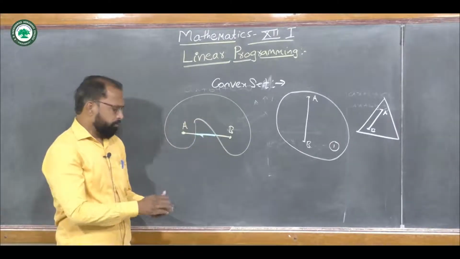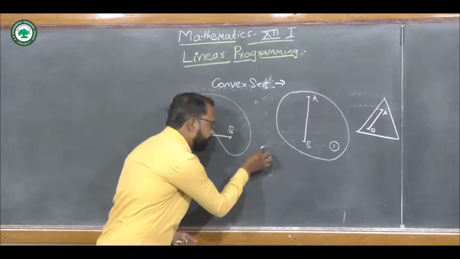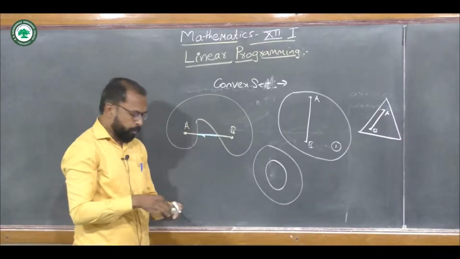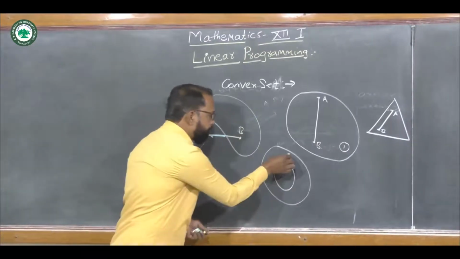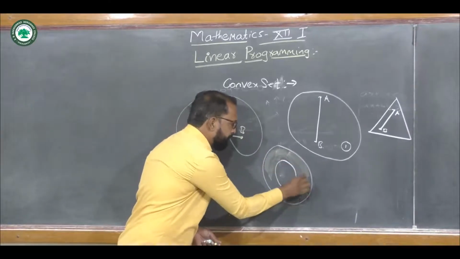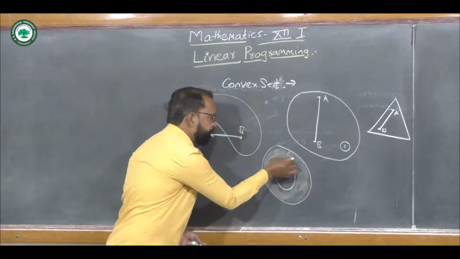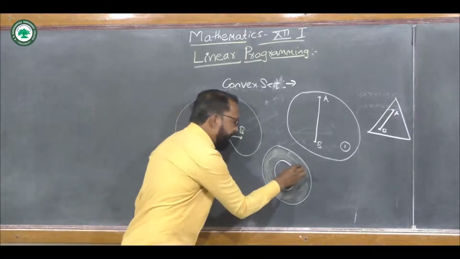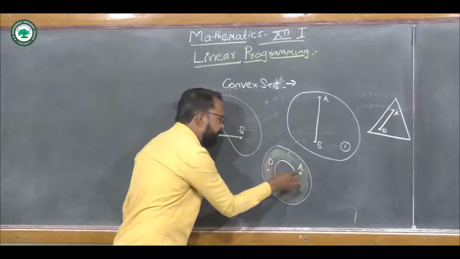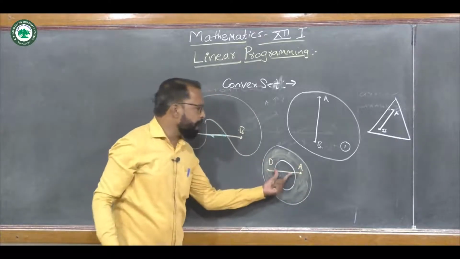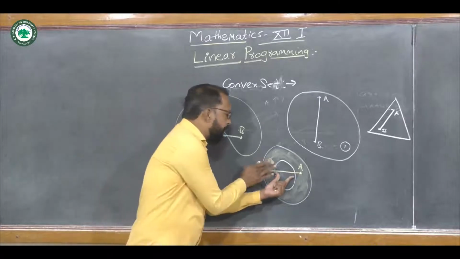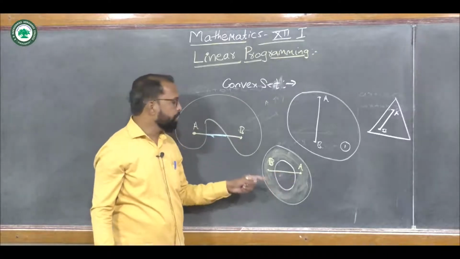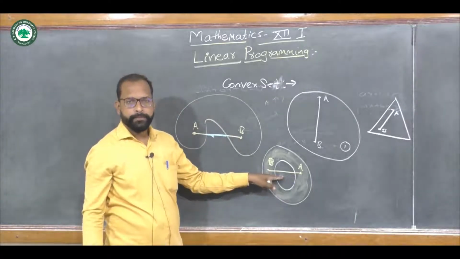We can take one more example of a collection of points which is not a convex set. Suppose these are the points, the ring shape. Now in this condition, if we take a point A here and a point B here, some part of this line segment does not lie in that set, and so this is not a convex set.